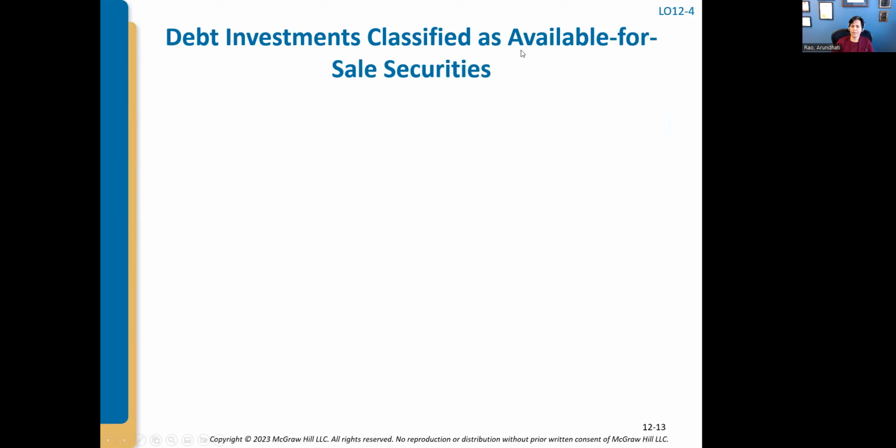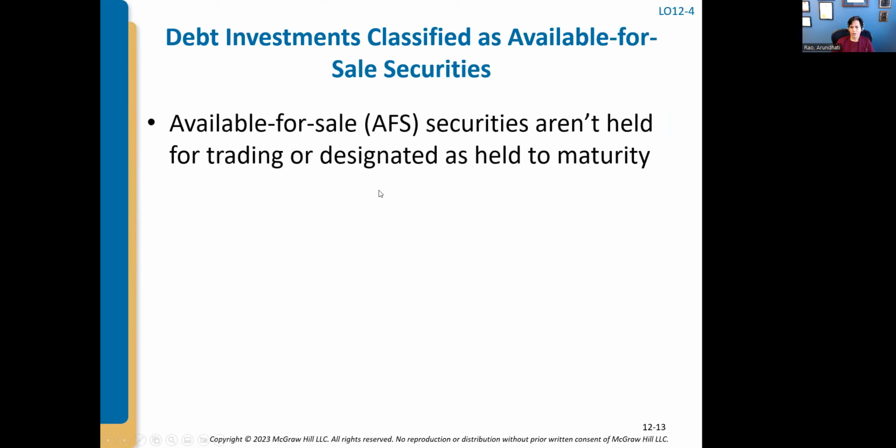Now let's go to this third option I have, available for sale. Here we are basically saying they're not held for trading, nor are they designated to be held to maturity. So basically, I know I'm not going to hold it to maturity, but I don't know if I'm going to sell it right now. So it's an in-between classification.